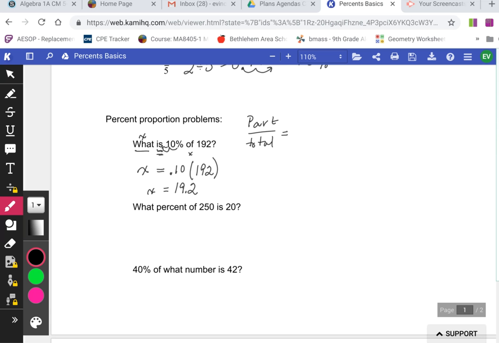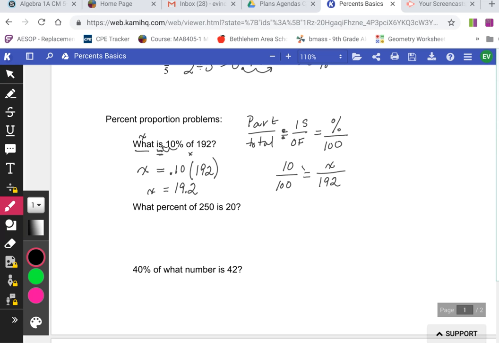And we always see this with the numbers, so is over of is the same as our percent over 100. So our part to total ratios become is over of equals percent over 100. So I can rewrite my first one. Since I know my percent, I'm going to write 10 over 100 because 10% is 10 over 100. And is my what part, and of is my 192.